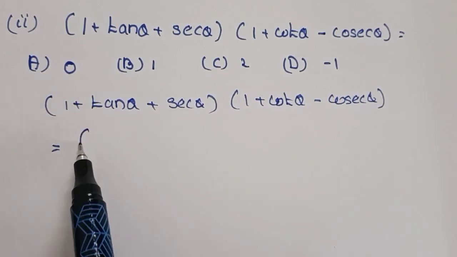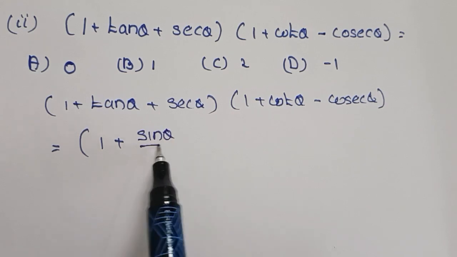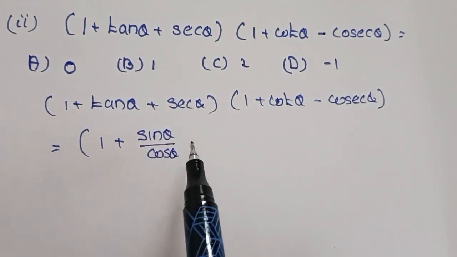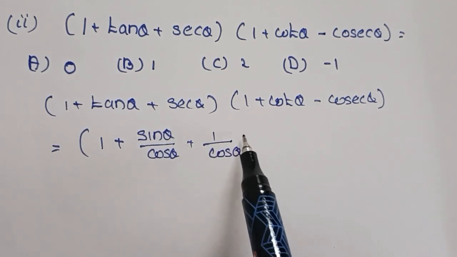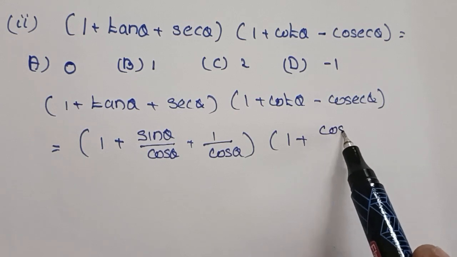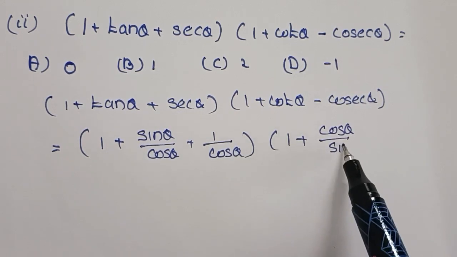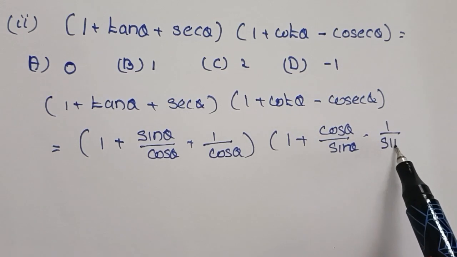Okay. So we can write 1 plus tan theta as sin theta by cos theta, plus sec theta, the reciprocal of cos, that is 1 by cos theta, into 1 plus cot theta, cos theta by sin theta, minus cosec theta, equal to 1 by sin theta.